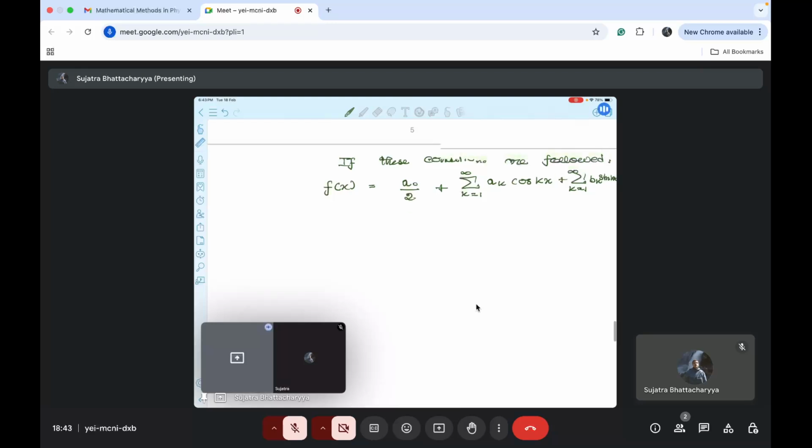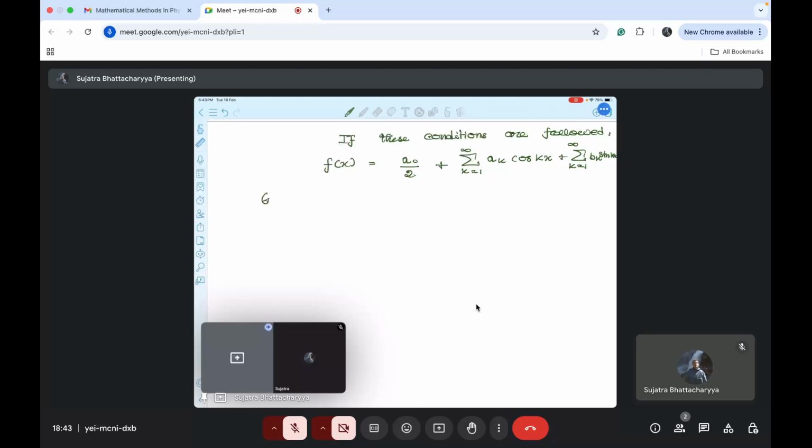Now you can further generalize this as f(x) equals a naught by 2 plus the sum over k equal to 1 to infinity of ak cos(2 pi k x divided by (b minus a)) in some arbitrary interval (a, b), and this is for, say, 0 to 2 pi or minus pi to pi, whatever.